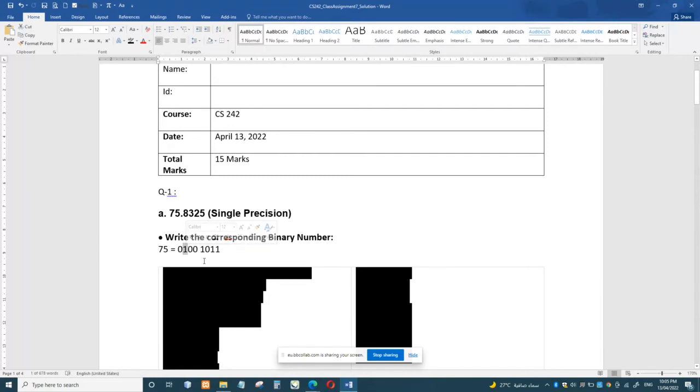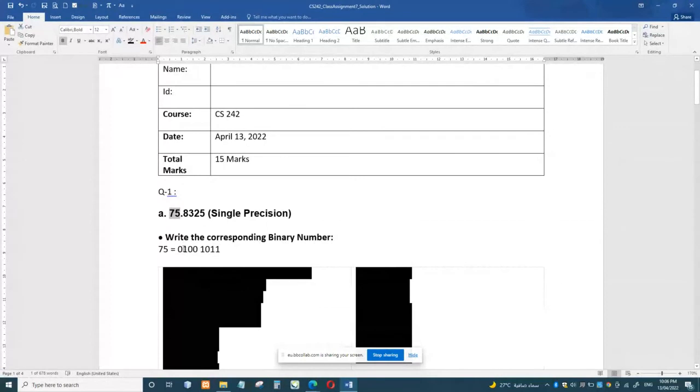We take 64, then 8. So 64 plus 8 is 72, plus 3 equals 75. Are you following, everyone? This is the representation for 75, the non-fractional part.